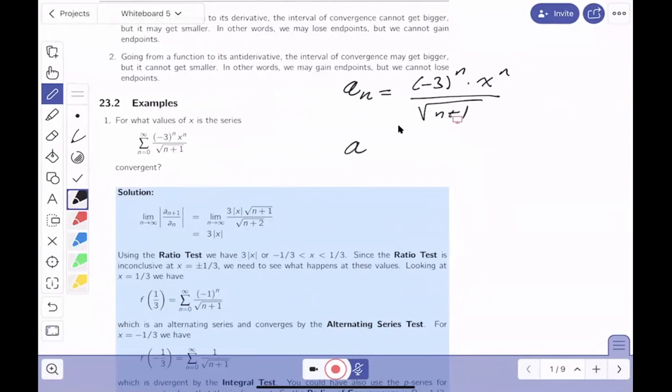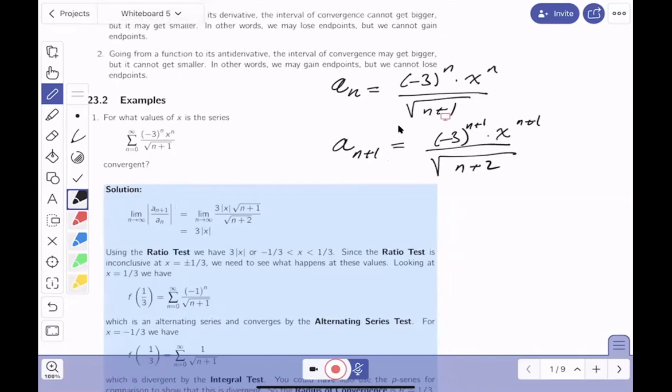And I also write down a_{n+1}. It's pretty easy. Wherever I see n, I'm just going to put n plus 1. It's going to be minus 3 to the n plus 1 times x to the n plus 1. And what goes in the bottom? Well, it's n plus 1 plus 1, which is simply n plus 2.